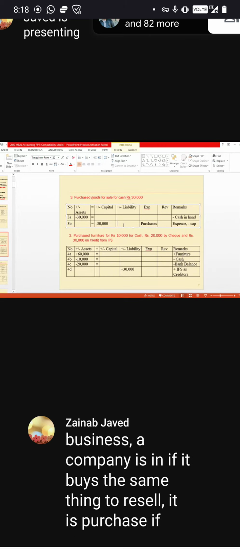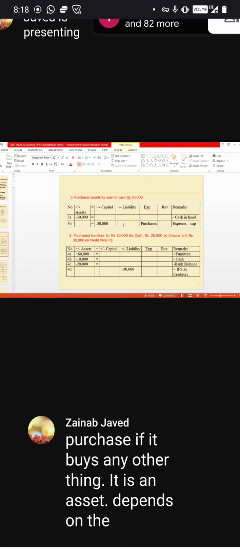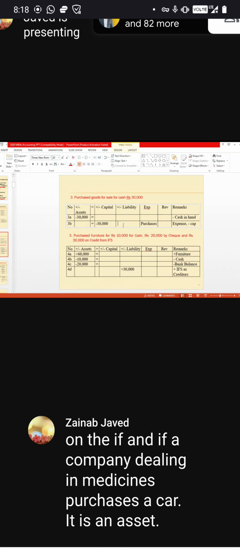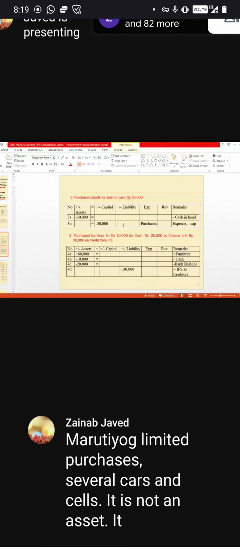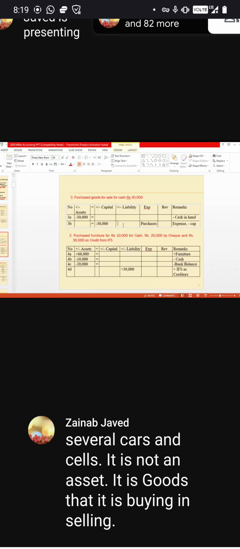If it buys any other thing, it is an asset. If a company dealing in medicines purchases a car, it is an asset. If Maruti Udyog Limited purchases several cars and sells them, it is not an asset, it is goods that it is buying and selling. Is the difference clear now?